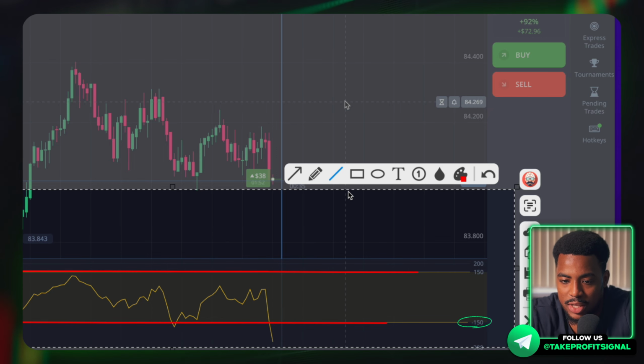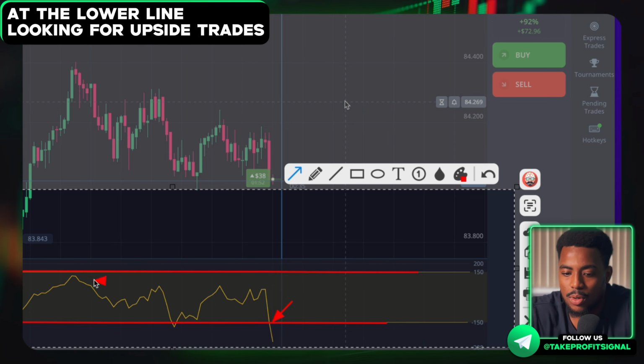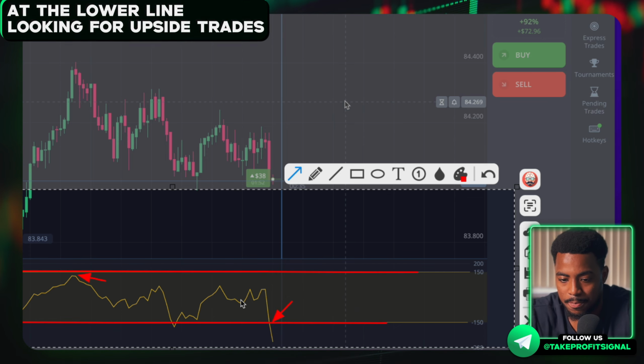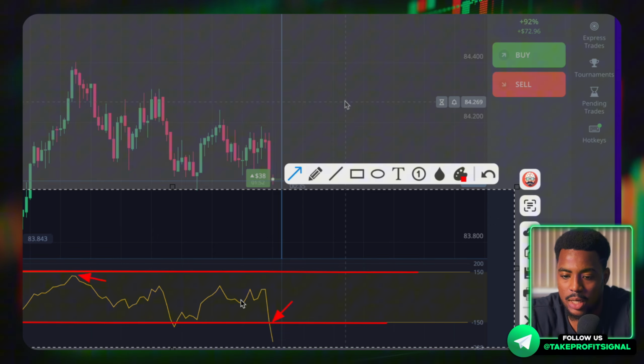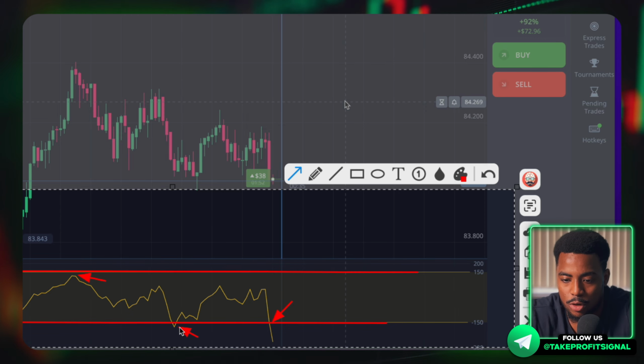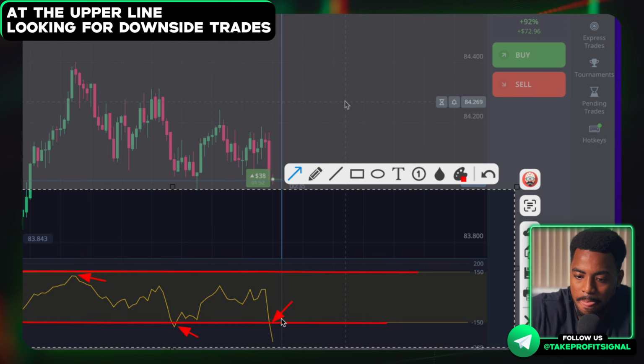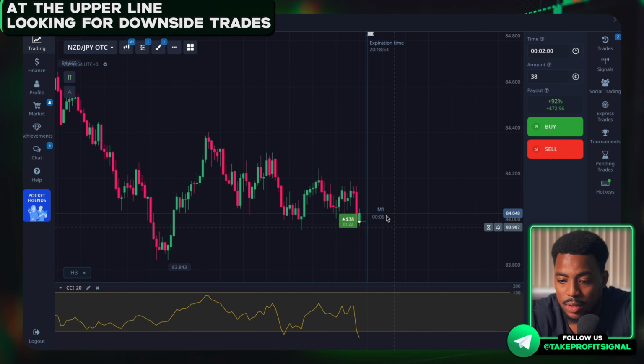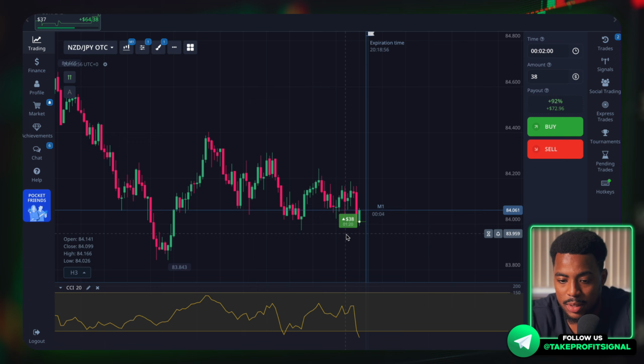When the chart of this indicator approaches the lower line or the upper line, we have opportunities to open trades on the chart. That is, when we are at the bottom line, we look for trades on the upside, as I am in this situation. And when we are at the upper limit, we look for trades on the downside.